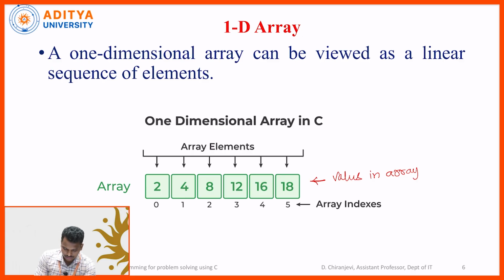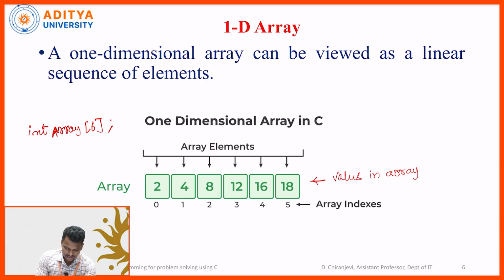This is an array of size 6, so you can declare int ARR, so capital A, ARR, of size 6. If I specify size 6, then the first index will be 0, the last index will be 5, and it will store 6 elements.